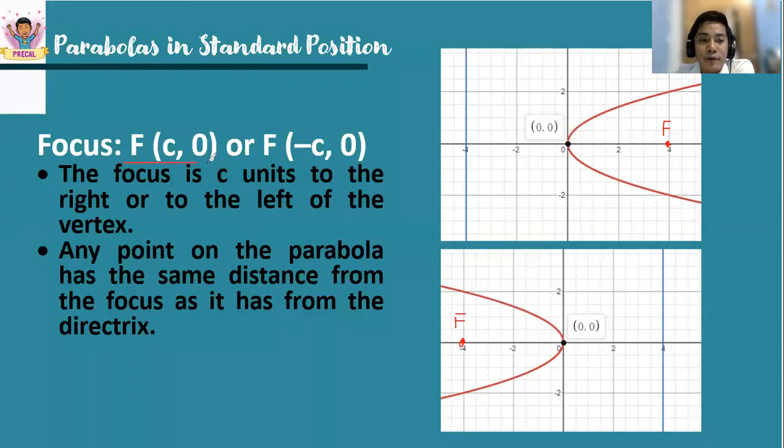Now, if the focus is at (c, 0), it means it's to the right of the vertex. And for a parabola which opens to the left, the focus will be at (negative c, 0) because the focus is located to the left of the vertex, which is the origin.